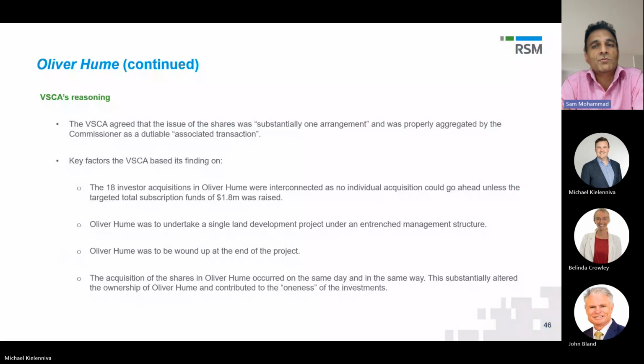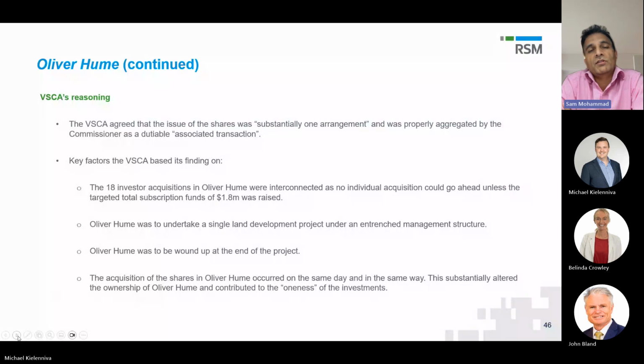Whereas now there's ammunition for the revenue officers to look at this case and say, if you have a commonality of purpose in terms of a single information memorandum, you're working on a single project, all of those interests from very disparate investors could be aggregated and treated as a single transaction.